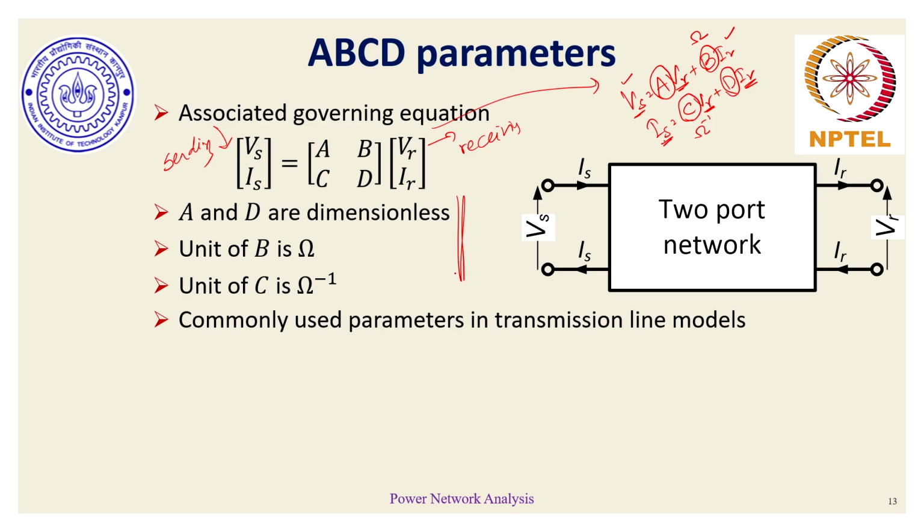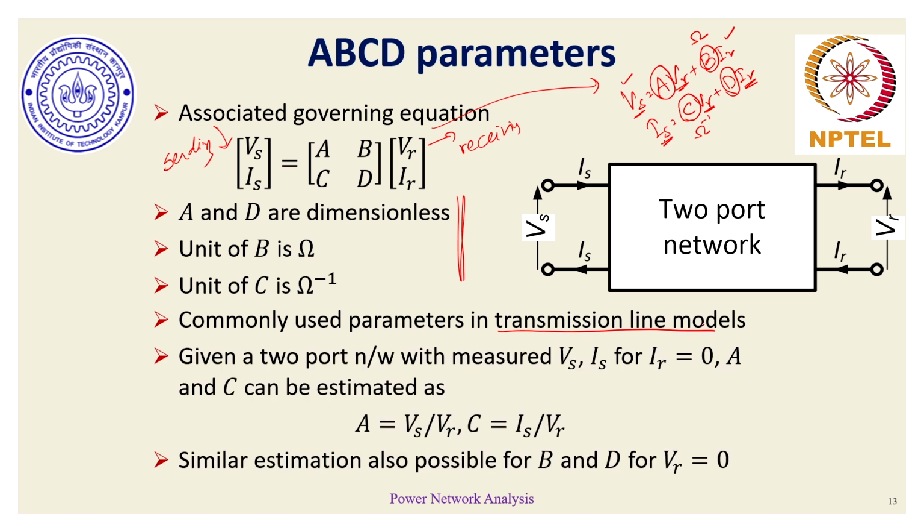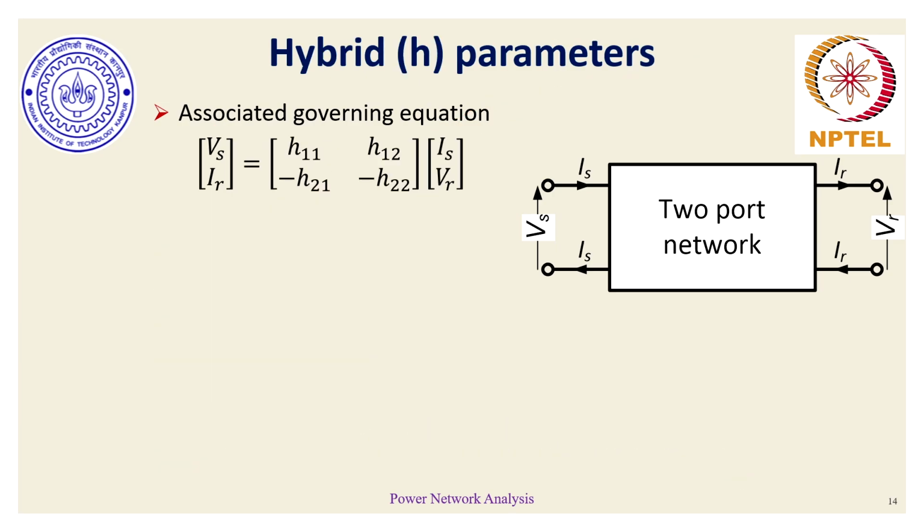These are ABCD parameters. They are common parameters in defining transmission line models, and again by carrying out different open circuit and short circuit tests at sending and receiving end, there's a logical way of evaluating these ABCD parameters. The last set is hybrid parameters or H parameters, which is a combination of ABCD and admittance parameters.